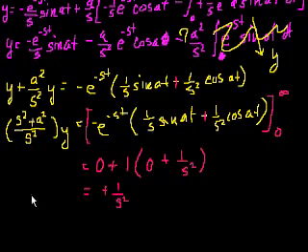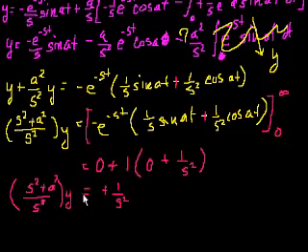Anyway, so now we have s squared plus a squared over s squared times y is equal to this. Multiply both sides times s squared over s squared plus a squared, and divide both sides by this, and we get y is equal to 1 over s squared.